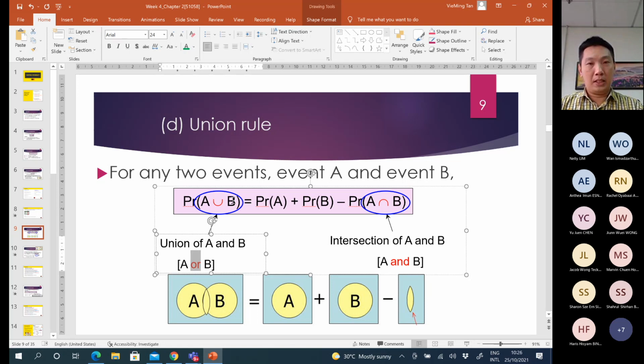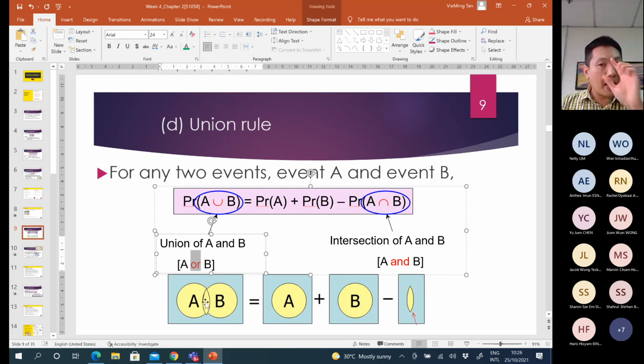So A union B actually is equal to this part, which is A, this round area, plus B, this round area. Then minus this part because this part is overlap, right? Overlap means there will be double calculation.